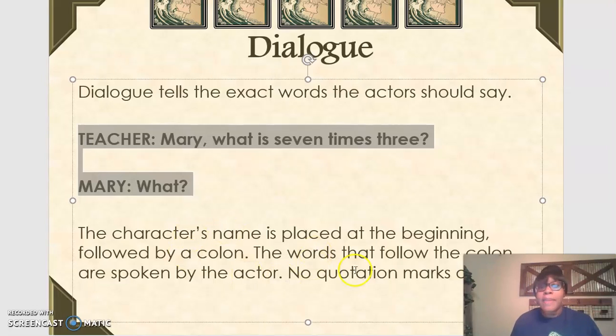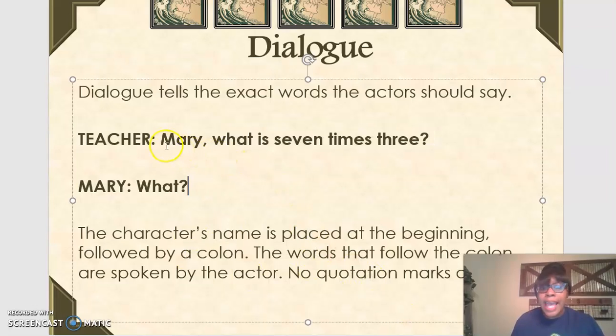So the actor name is always going to be placed at the beginning. It's going to be followed by a colon. The words that follow the colon are the spoken words by the character or the actor. And you do not have to use quotation marks due to the fact that it's already written in dialogue form.